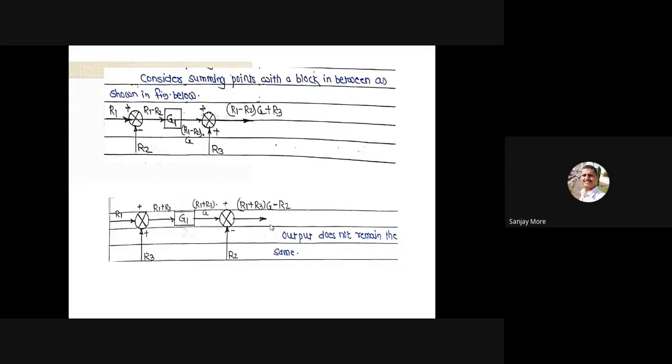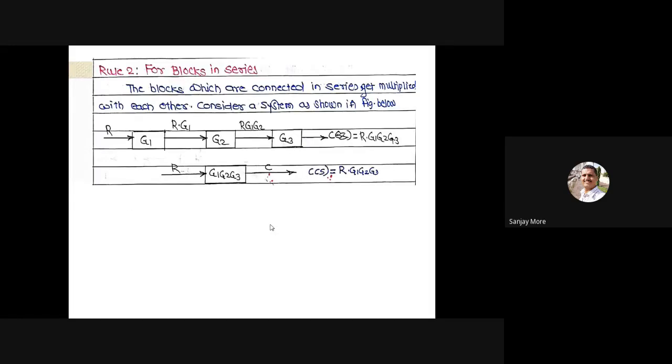Then the second rule, for blocks in series. Where blocks are connected in series in a block diagram, the starting point is multiplied with the block: R into G1, then R into G1 into G2, then R into G1 into G2 into G3.